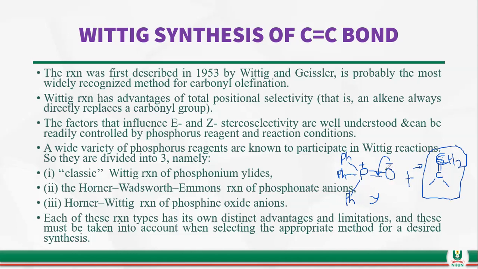So it's always better to have the final product in this form. But the starting material wants to be in charged form. Starting material, we have CH2 negative, and then we have P plus. So that will easily initiate a reaction and proceed further.